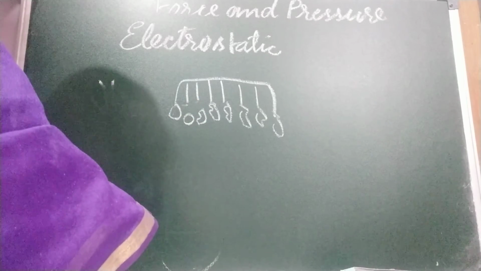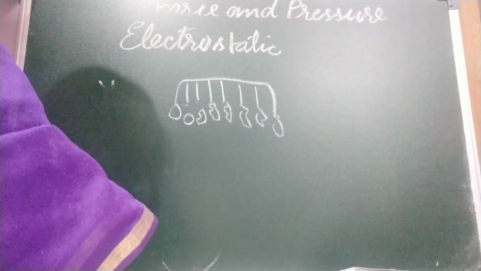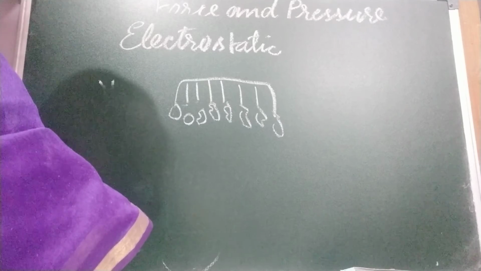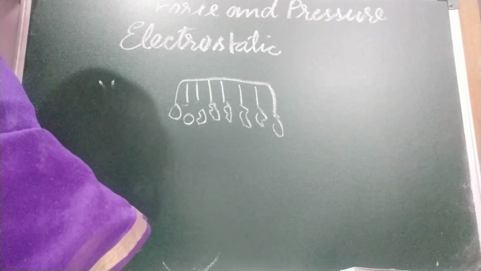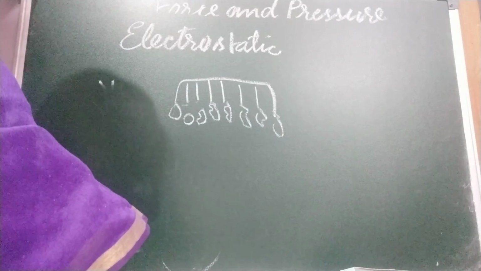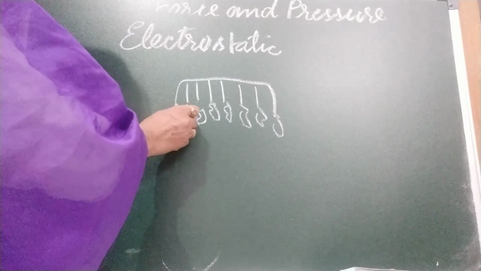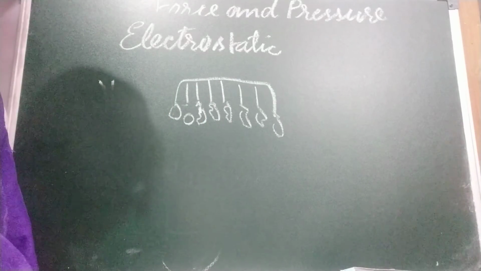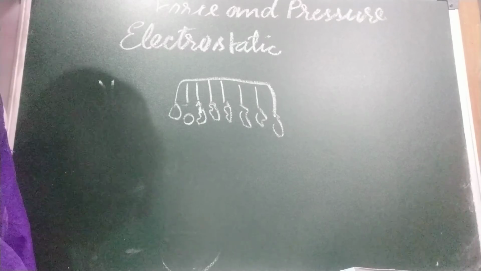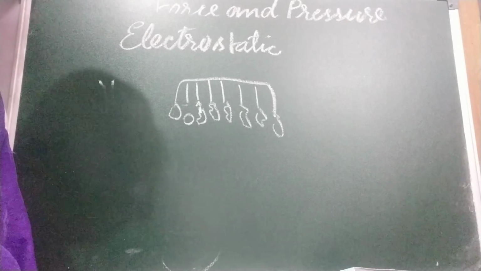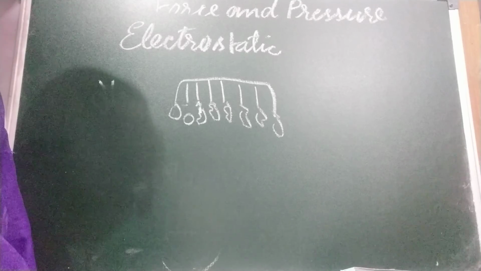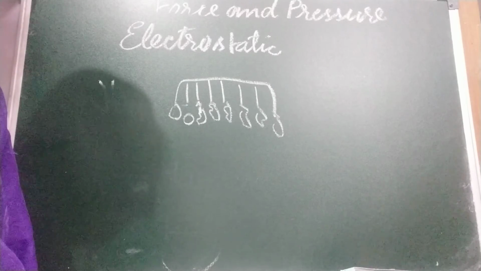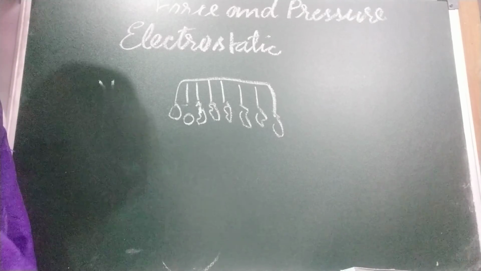Electrostatic charge can exert a force called electrostatic force. It is because of this force that the bits of paper get attracted towards the comb. Electrostatic force, like magnetic force, also acts from a distance and is a non-contact force.